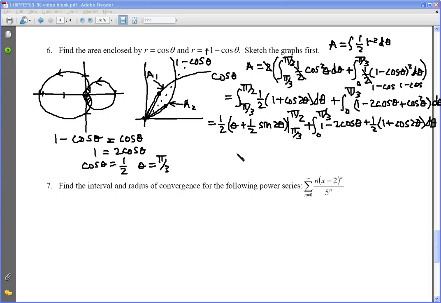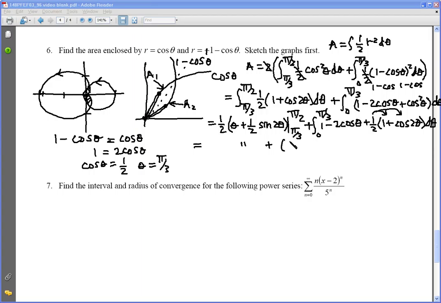Okay, and then this guy we've just got to do the plug-ins on. So this is going to be a ditto, plus, and then this guy we've got a 1 and we've got a 1/2 right there. So 1/2 here plus a 1 is going to be 3/2.